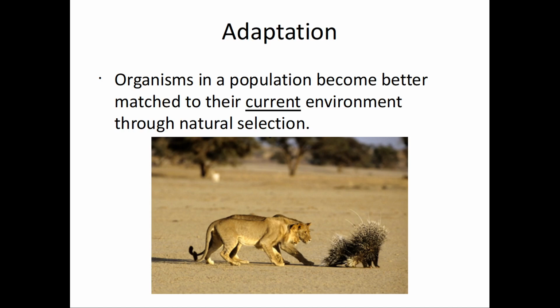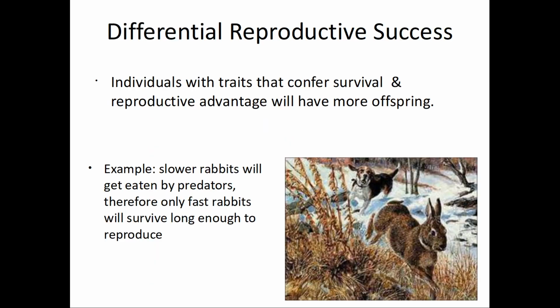Those who do not survive to reproduce, their genes don't pass on. And it's slowly but surely those beneficial traits begin to accumulate and build upon each other, until you have some very dramatic changes in the appearance and the survivability of individuals.